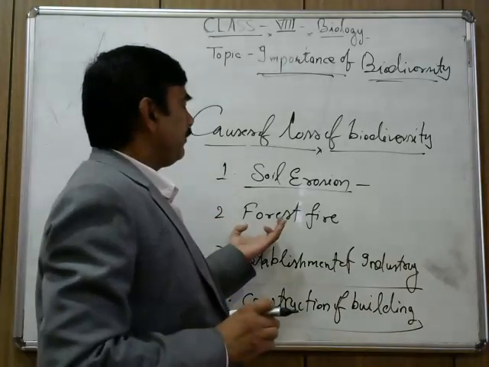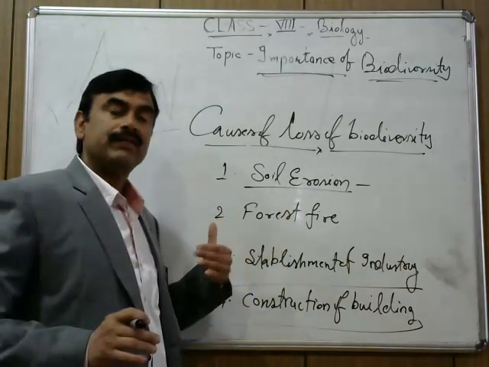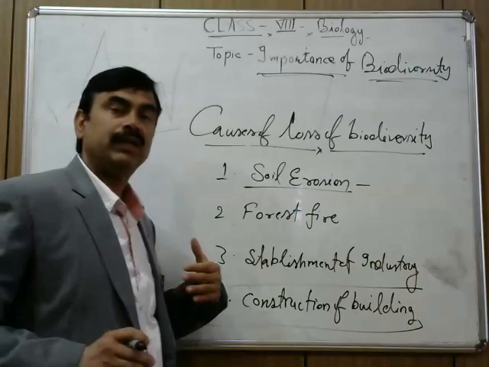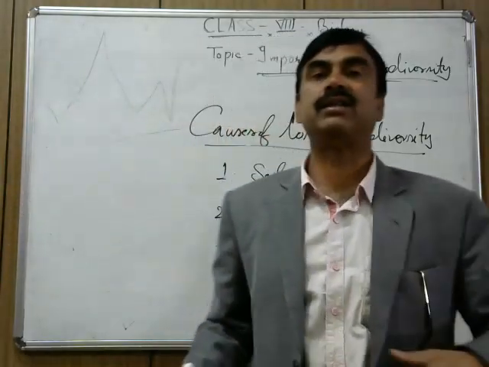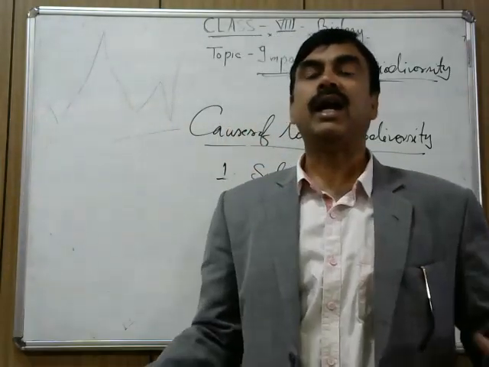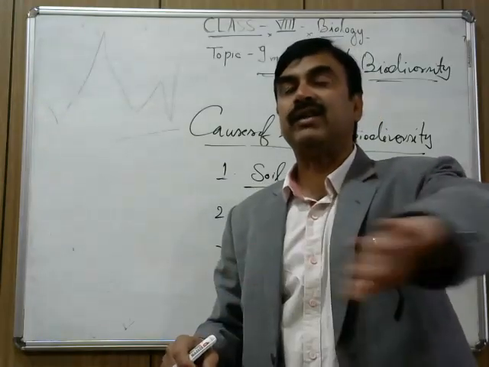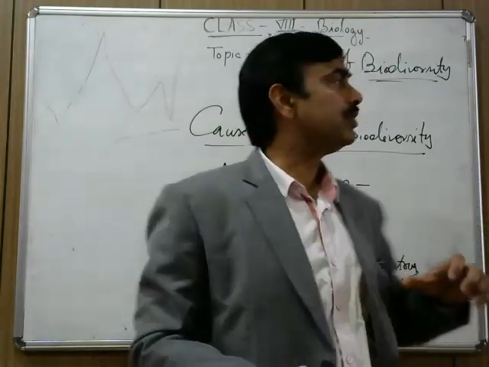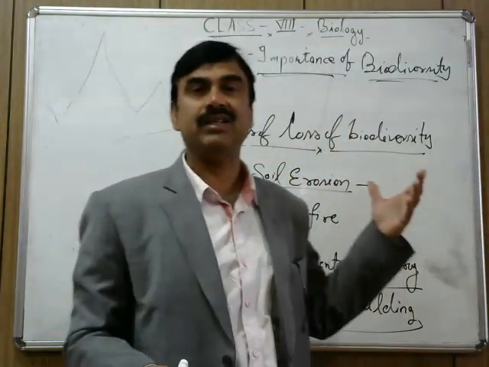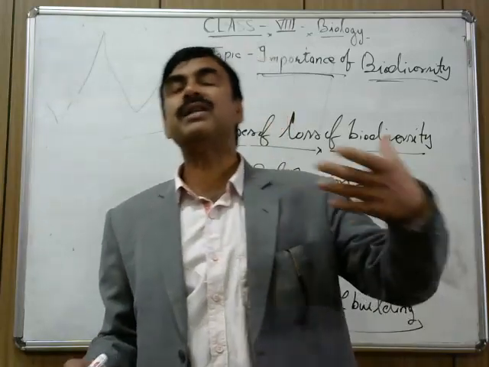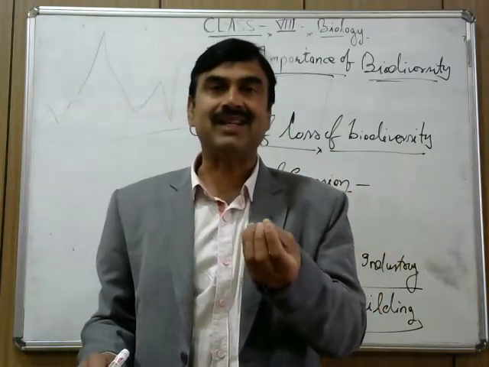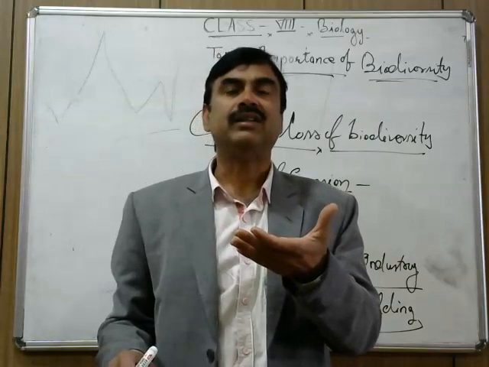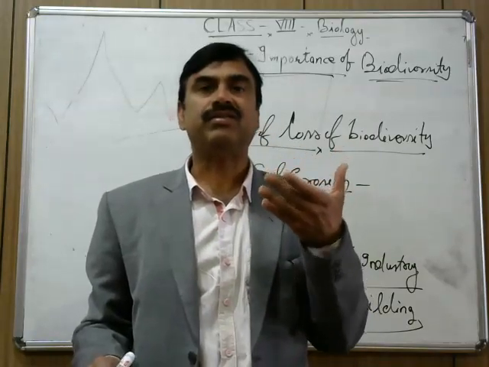So when we go for the forest fire, sometimes we think let us develop the agricultural field, let us develop the industrial field, and for that we fire the forest, and by this we damage our biodiversity. We kill the numerous small insect creatures of this forest.